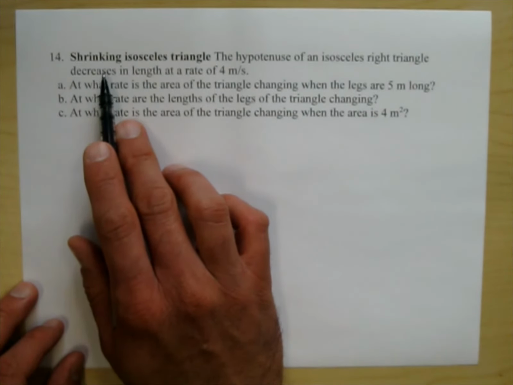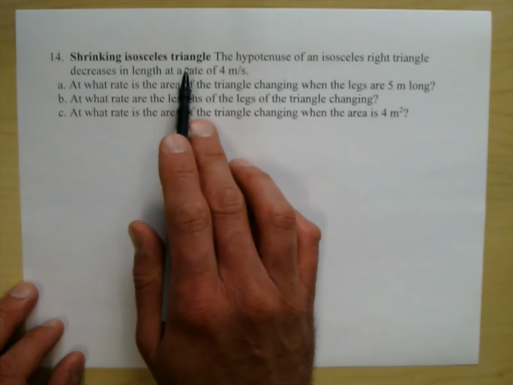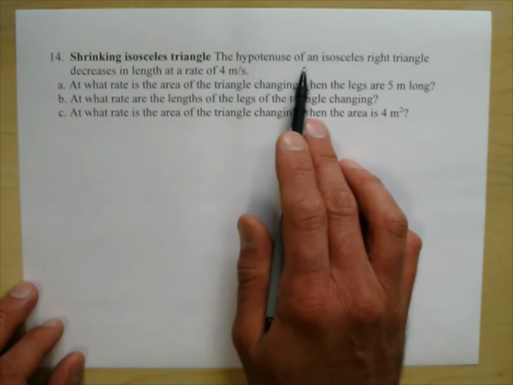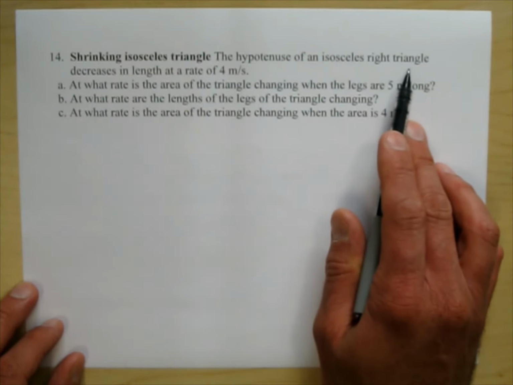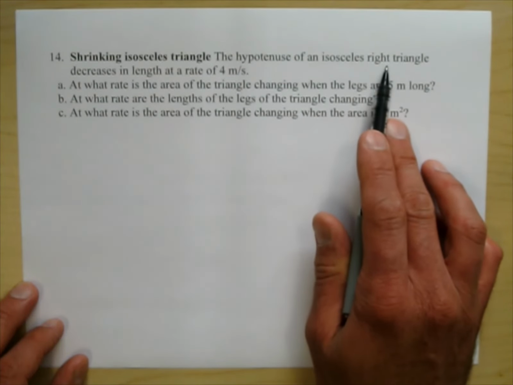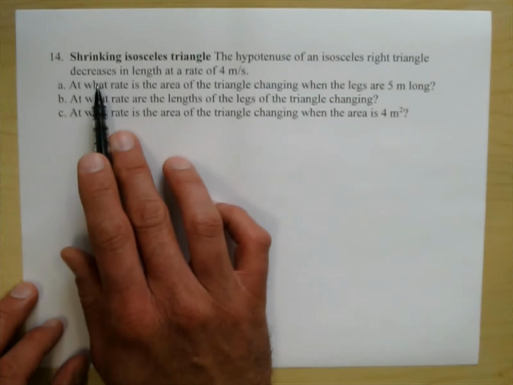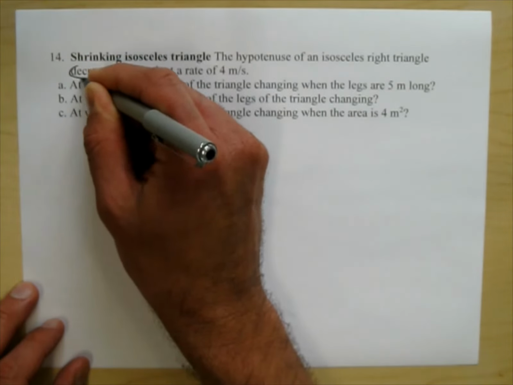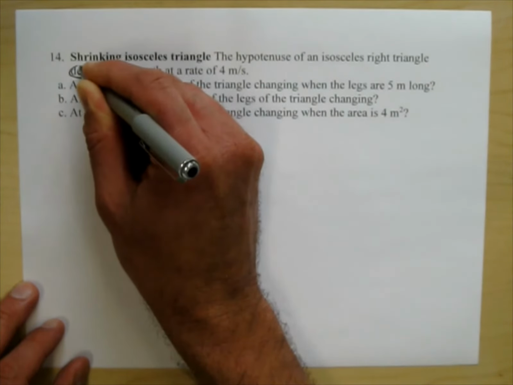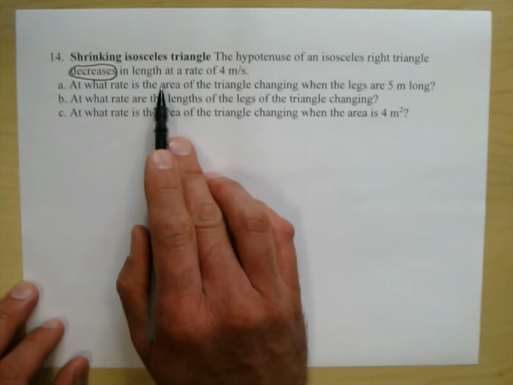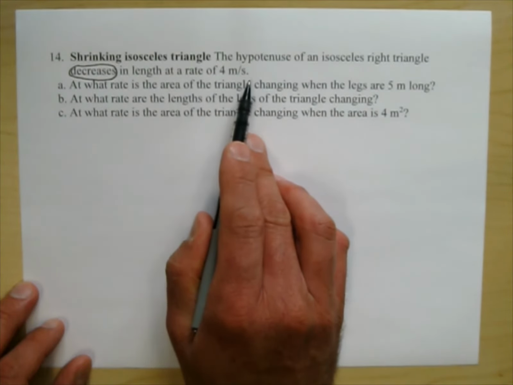We have a shrinking isosceles triangle. The hypotenuse of an isosceles right triangle. So it's isosceles right. And then it says it decreases. So you've got to remember to put a negative. In length at a rate of 4 meters per second.